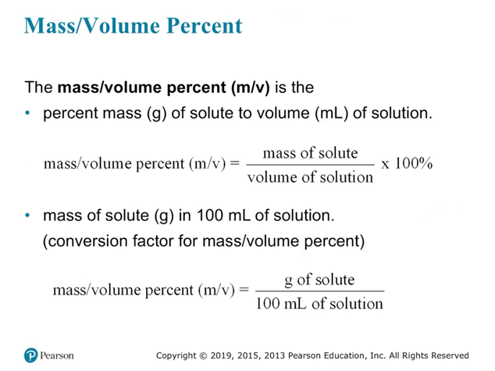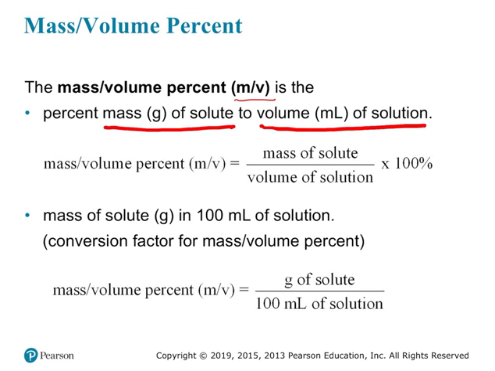Okay. Now there's also a mass volume percent concentration, and this is abbreviated M over V. Now in this case, we have a little bit of a different calculation. So a mass volume percent, we're going to take the mass of the solute in grams and divide it by the volume of solution.